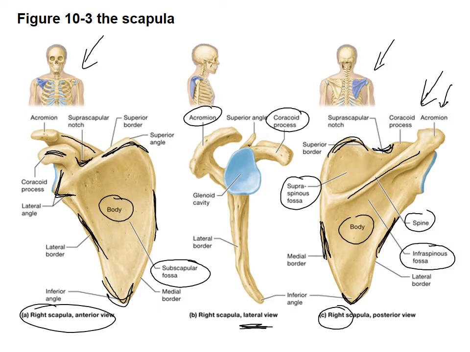Then you have, in blue, this thing called the glenoid cavity. Glenoid probably refers to mirror-like, though it's unclear where the word came from. It's covered with the blue, which is supposed to be hyaline cartilage because this is an articular surface. It articulates with the head of the humerus. So that's the ball and socket joint of the shoulder.